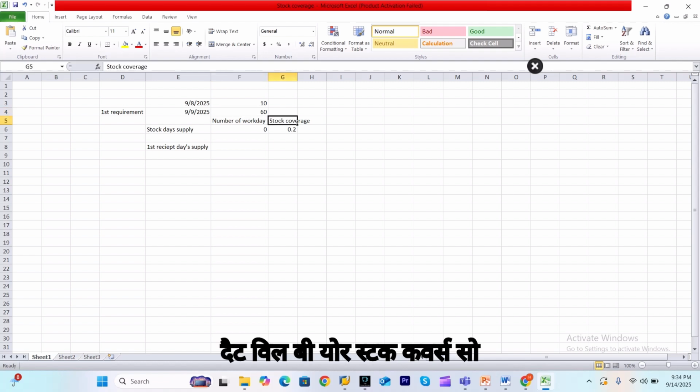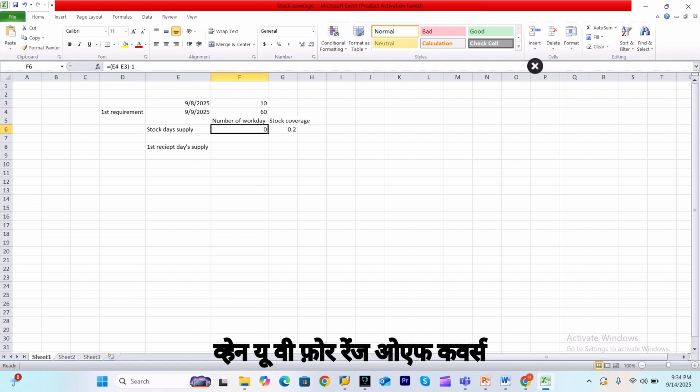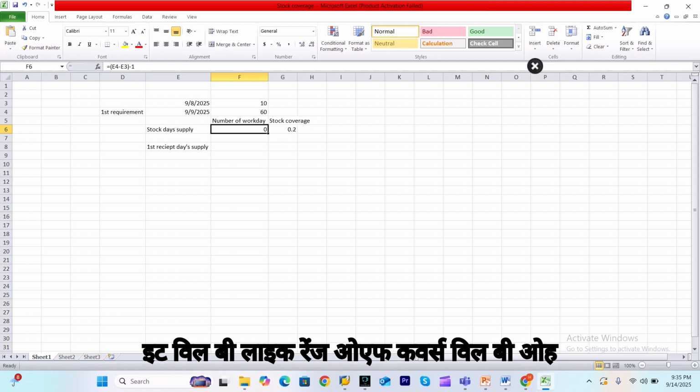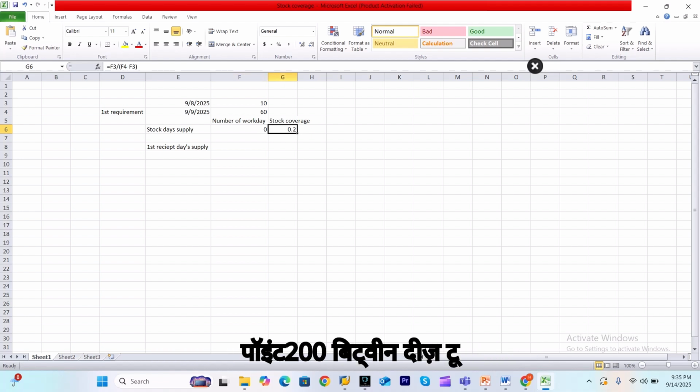So that will be your stock coverage. For the range of coverage, we generally combine it like 0 comma 0.2, so the total range of coverage will be 0.2. Between these two values we put a decimal. This is the way.